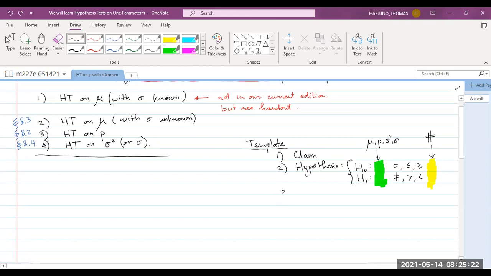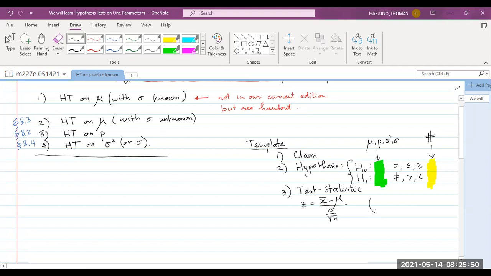Now the third step, we will do the test statistic. Okay, the test statistic will be Z score when we do X bar minus mu over sigma over square root of n.